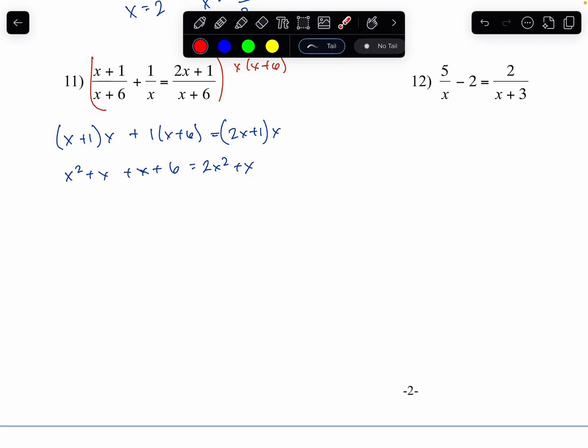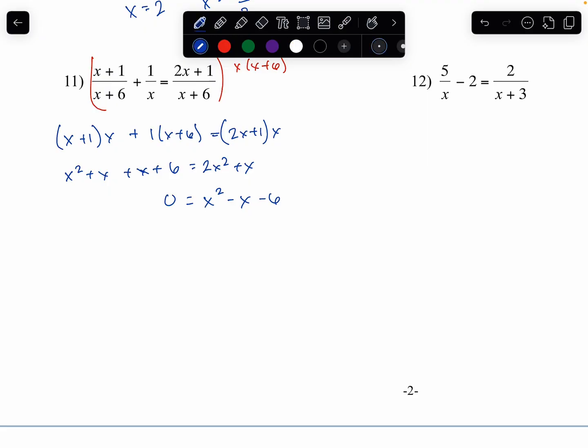So I have x squared, 2x squared, so I'll move things over to this side. I'm going to get x squared here. I have 2x right here and x right here, so I'm going to subtract 2x, and I'll get minus x minus 6, and that's going to equal 0.